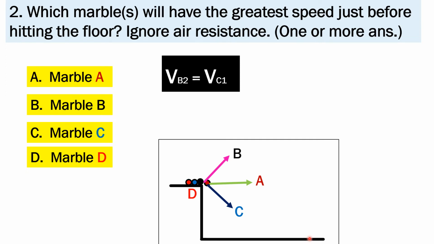Marble C will reach the floor first compared to marble B, but their final velocities upon reaching the floor will just be the same.